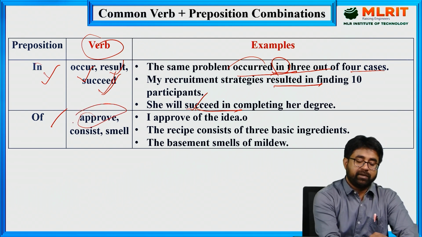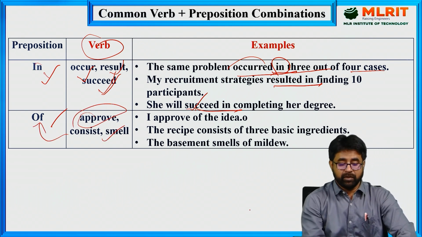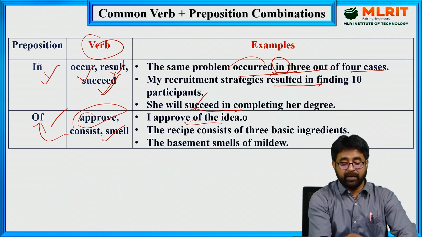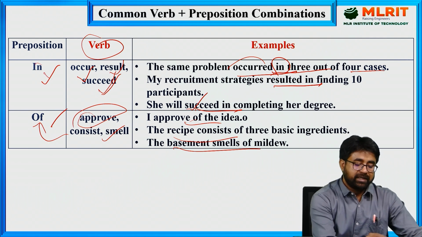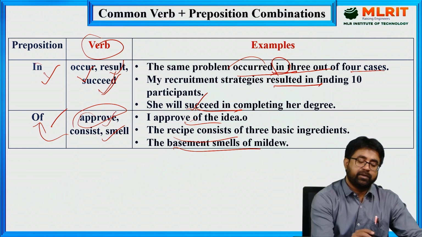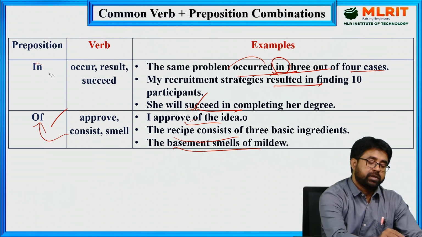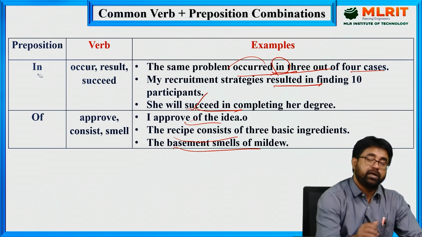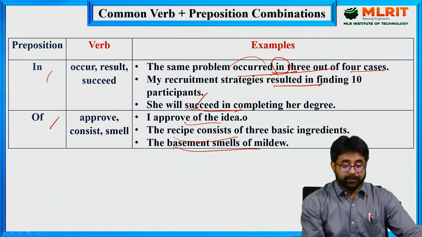Similarly, the verbs approve, consist, smell take only the preposition of. I approve of the idea. The recipe consists of. The basement smells of mildew. Normally, whenever we use this kind of verb in a sentence, we are supposed to use these prepositions only.